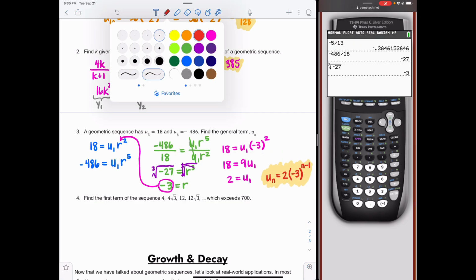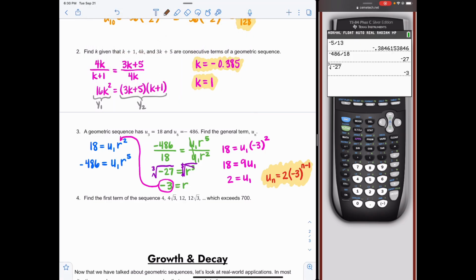Let's look at number 4. Number 4 states that we want to find the first term of the sequence 4 square root of 3, 12, and 12 square root of 3, in which the sequence is going to exceed 700. In order to do this, we have to know the actual formula for the sequence.